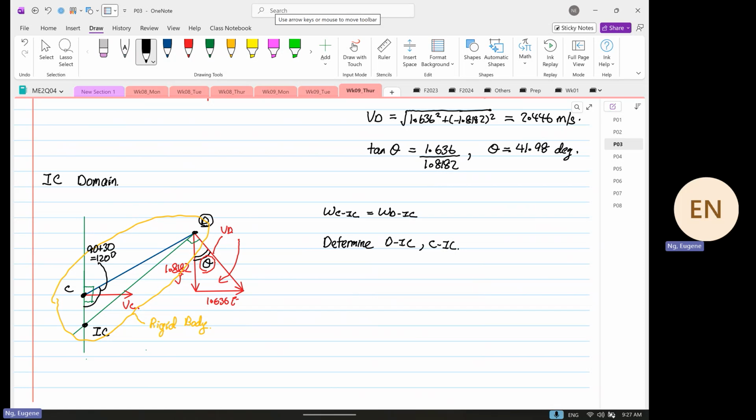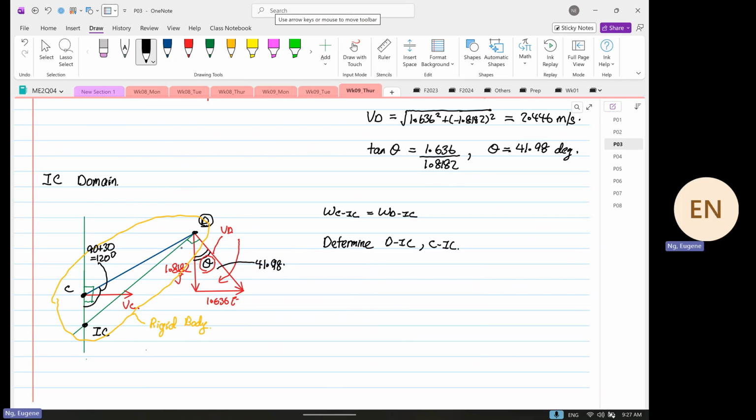And then we have to find the other two angles. I forgot how I did it. Okay. So now we know that this angle over here is 41.98.